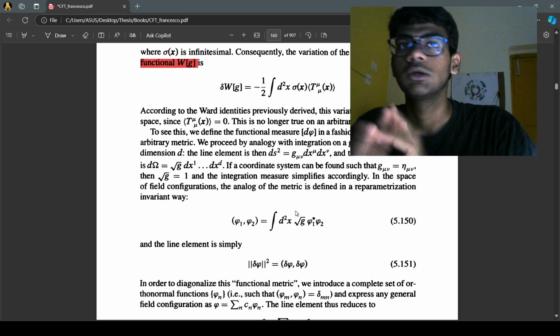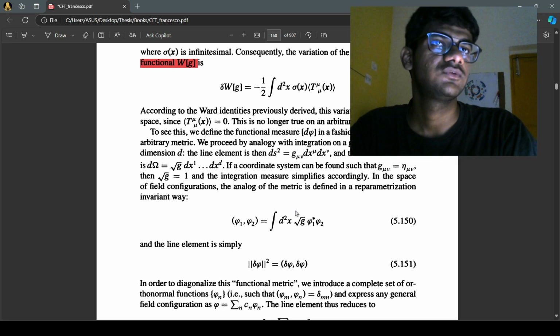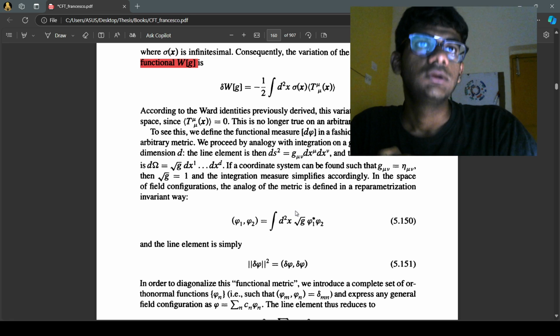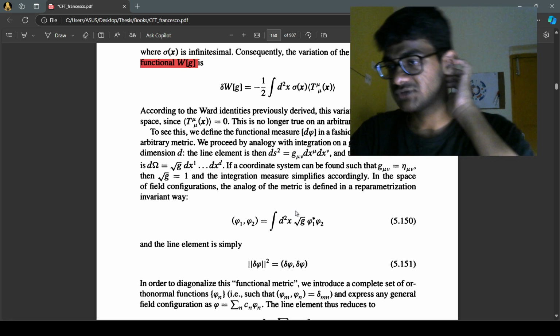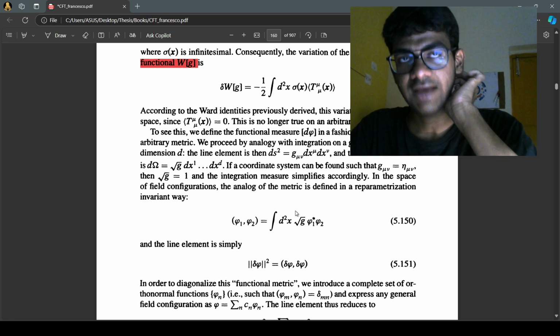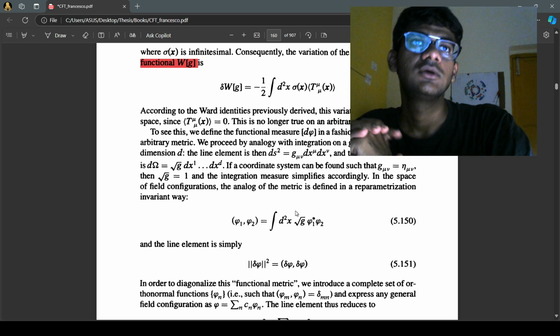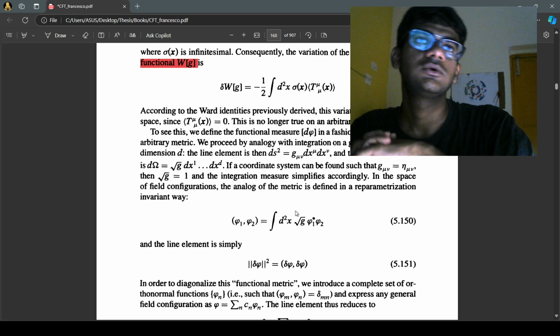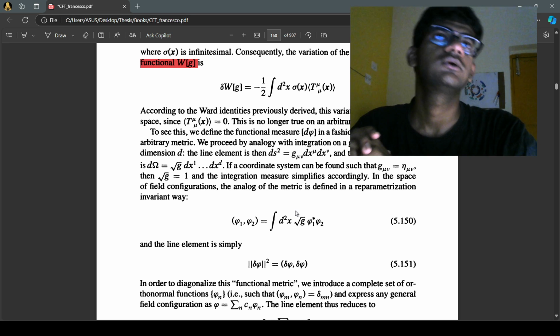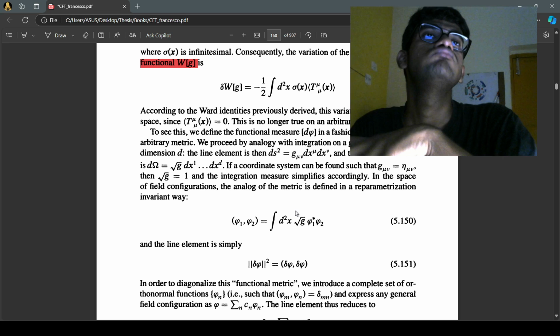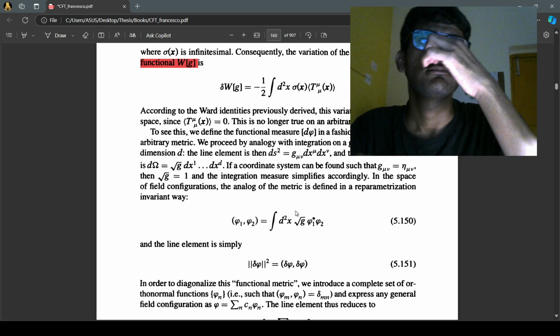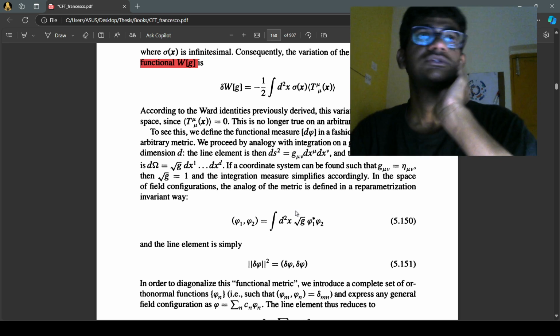And the analog of the metric. So metric is a thing that acts on 2 sort of vectors, and here 2 fields. So phi 1 and phi 2 are those things. The metric acting on them is an integral of root g times phi 1 star and phi 2.